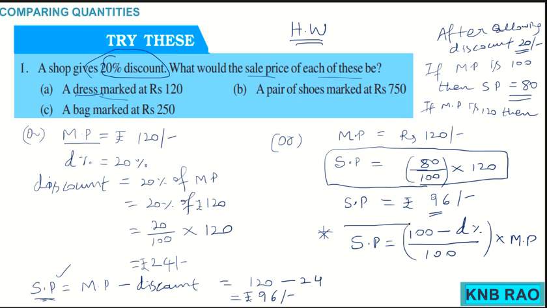So this is going to be a very important formula in calculating SP straight away without calculating the discount amount. I hope you have understood this important formula. This is going to be useful in entrance based exams. Now children, we will solve the rest of B and C using this formula.